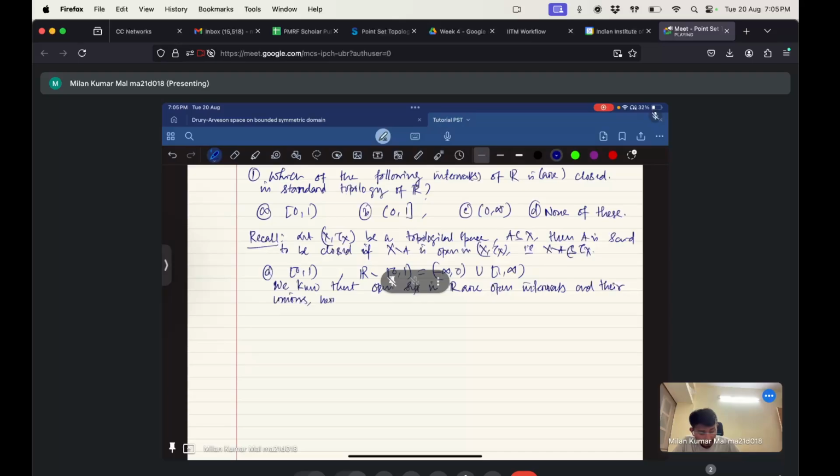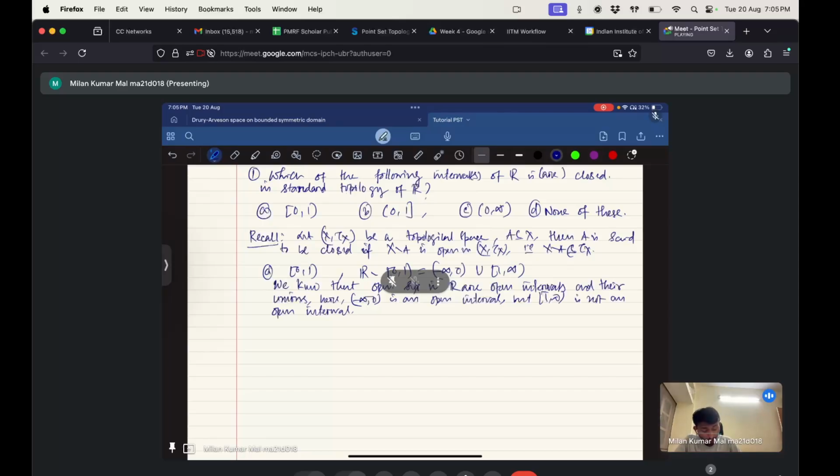Here, particularly, (minus infinity, 0) is an open interval, but [1, infinity) is not an open interval.